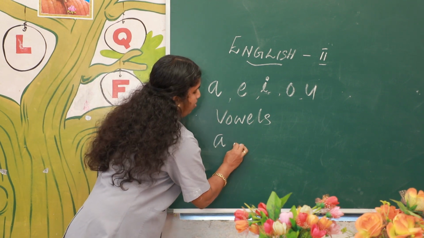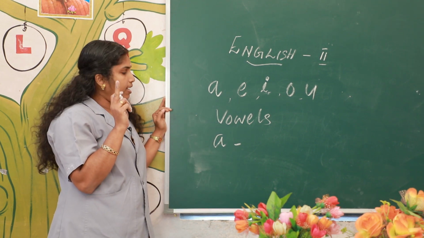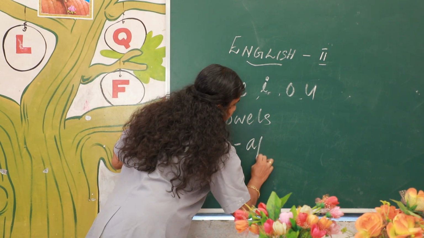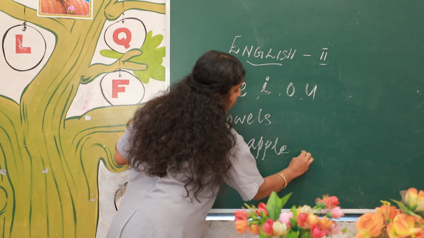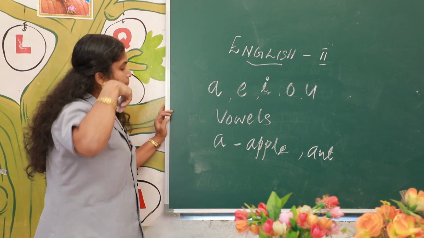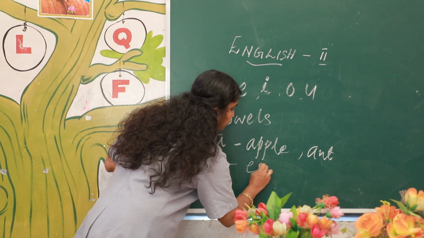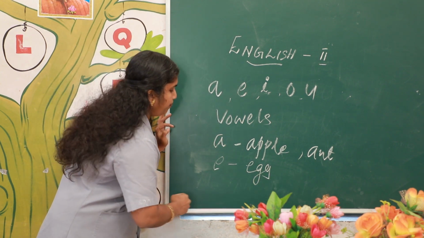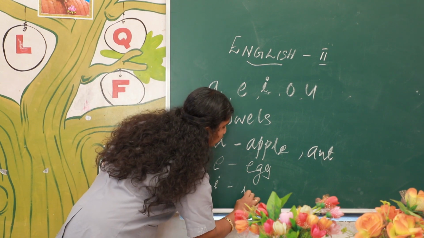A. In the first standard, in the previous class, we learned A for apple. A for ant. Next, E. E for egg. Next word you write, please. I, igloo.